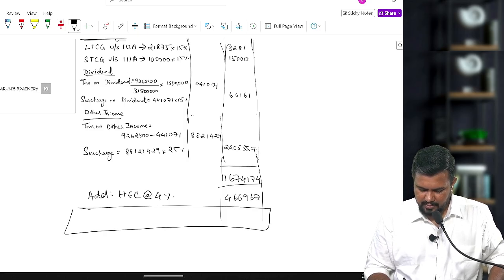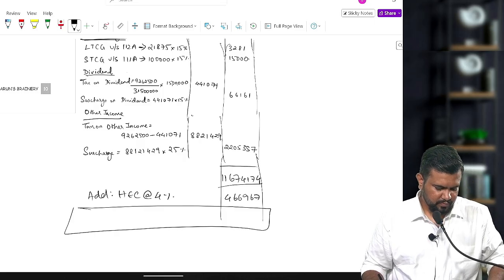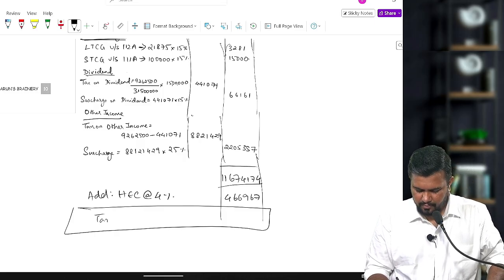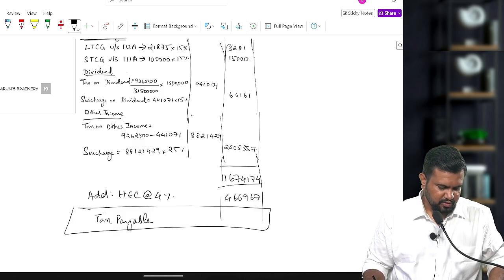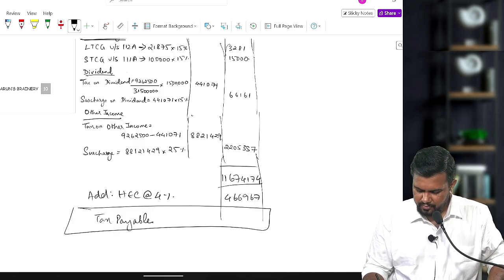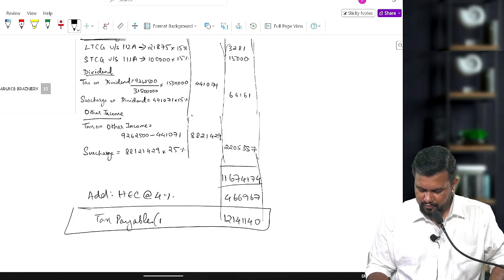And the tax payable will be 121,411,40, rounded off.